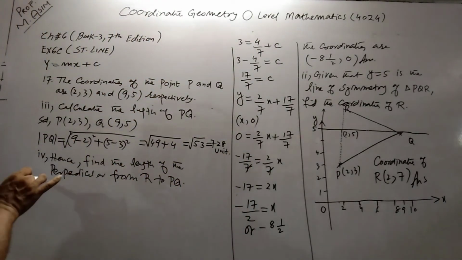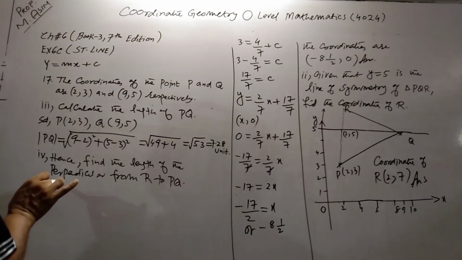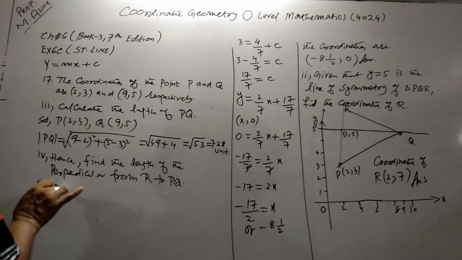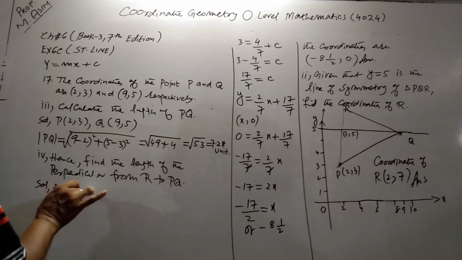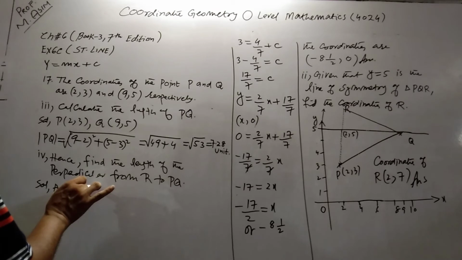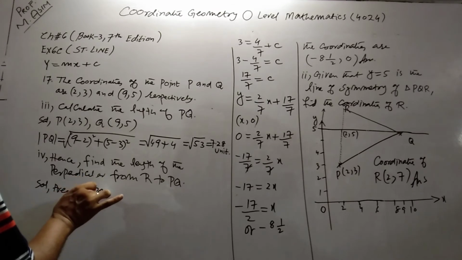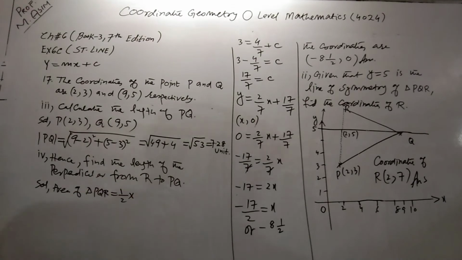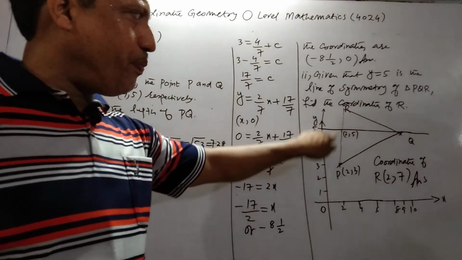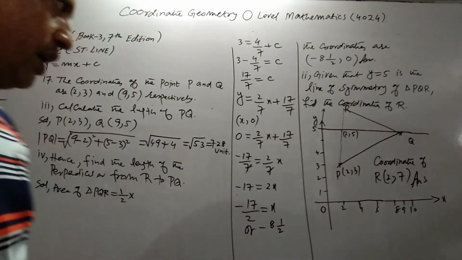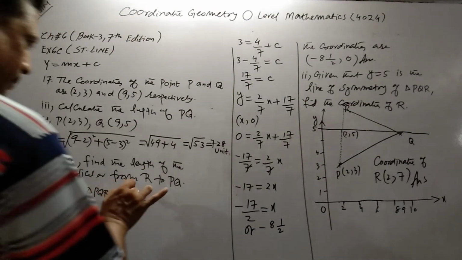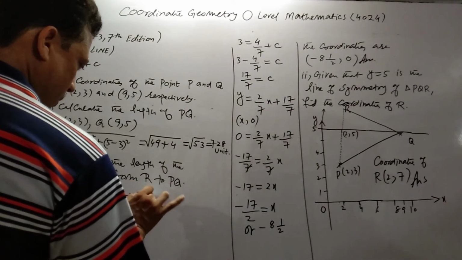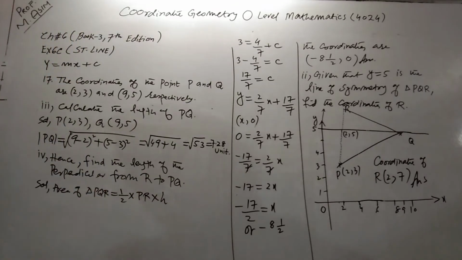So the solution is, first we need to find the area of triangle PQR, half into base. I am taking base is PR. PR is the base and height.